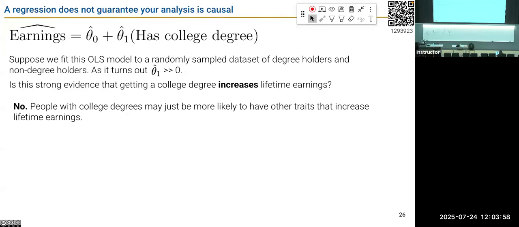That is not a randomized experiment. But here's the question. Why can we only establish causality with a randomized experiment?